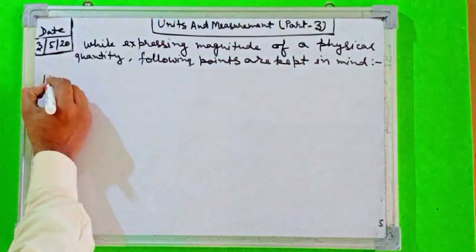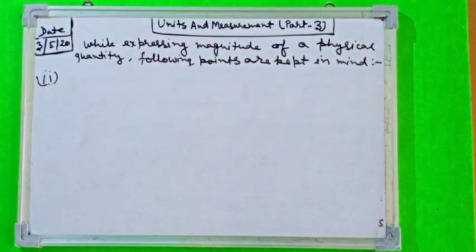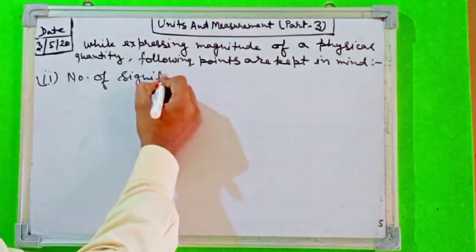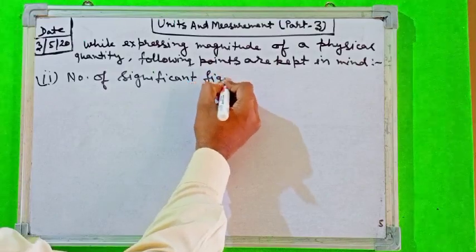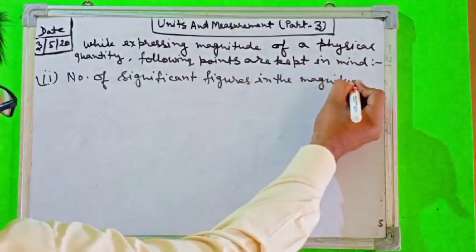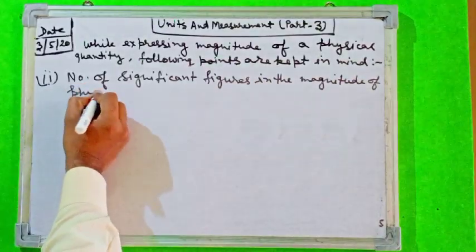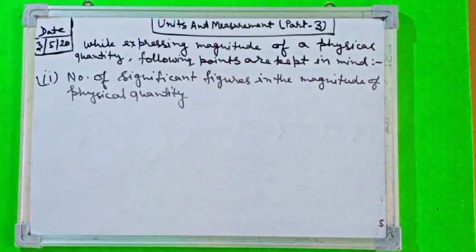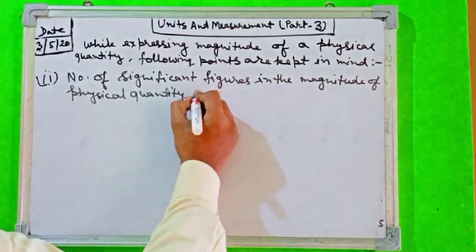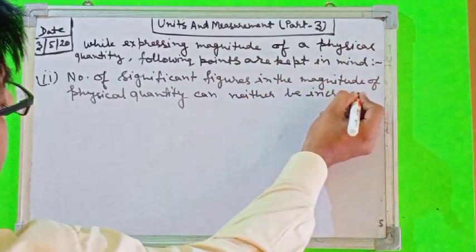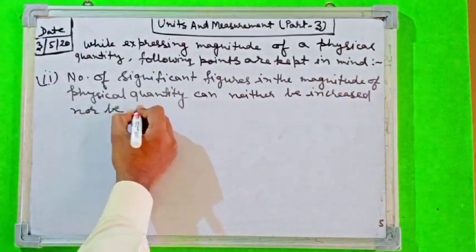The second point is: the number of significant figures in the magnitude of a physical quantity can neither be increased nor be decreased.